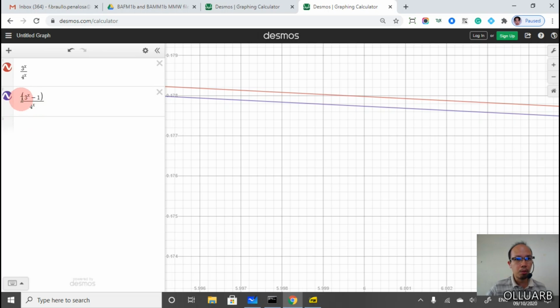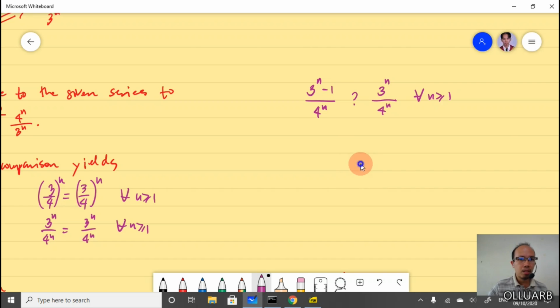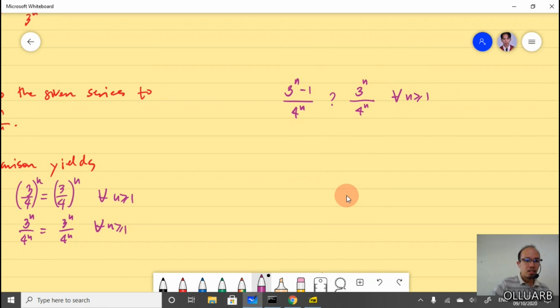the purple one. So this means that this question mark here, I will erase this and replace it with this one. That's greater for all n.